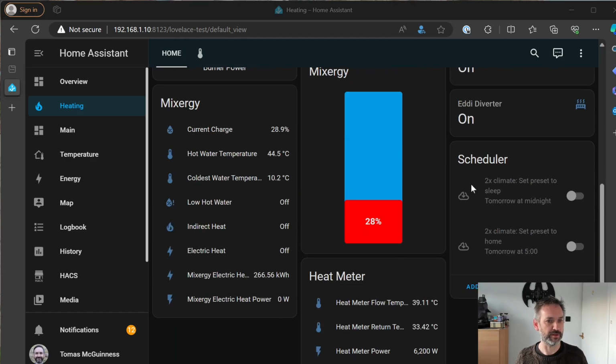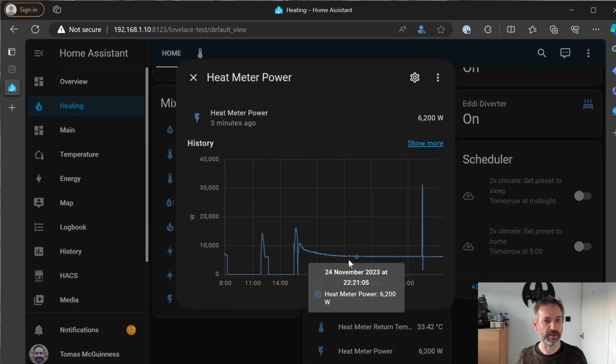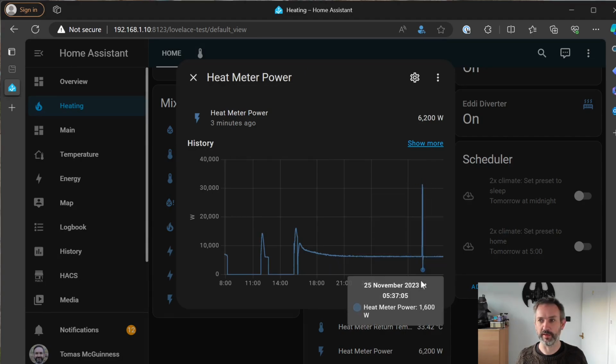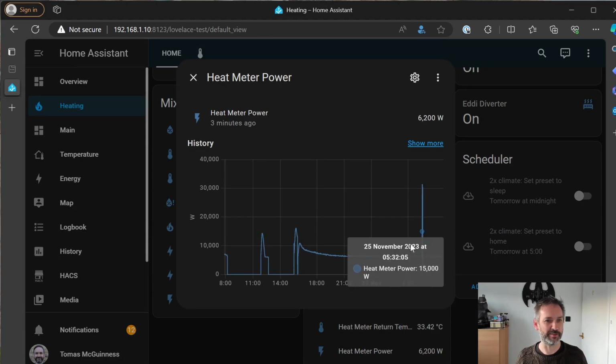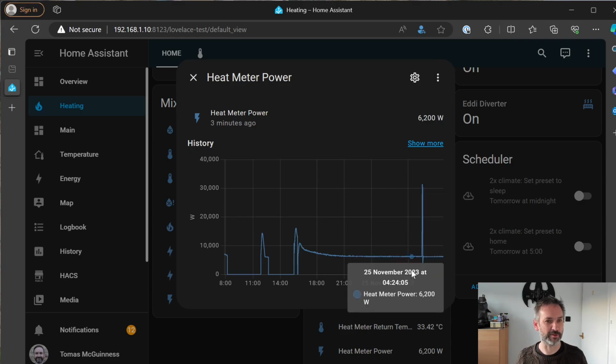If we then have a look at the heat meter, the flow temperature of 40 has been keeping the house nice and toasty, and the heat meter is, oh, you can see the spike there from the hot water, but that has been pretty steady all night.